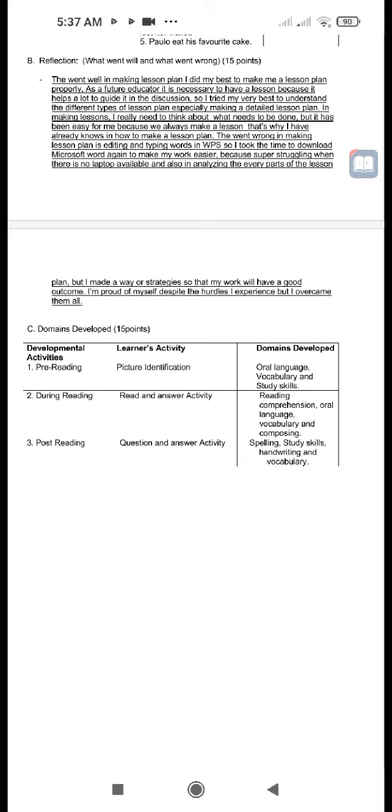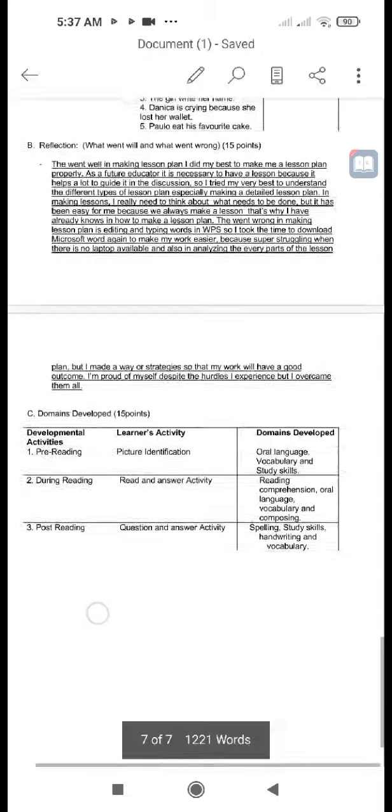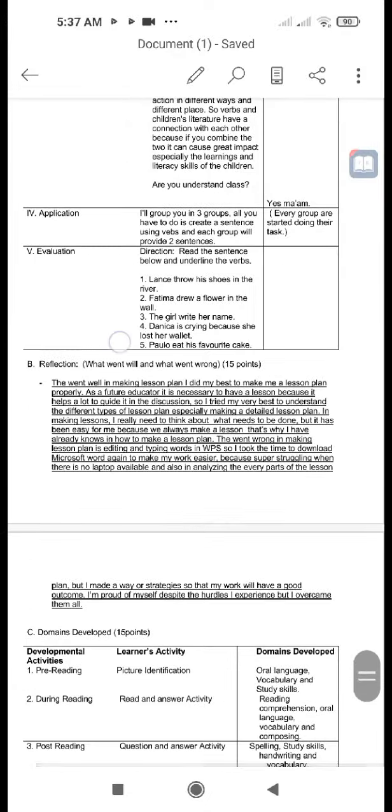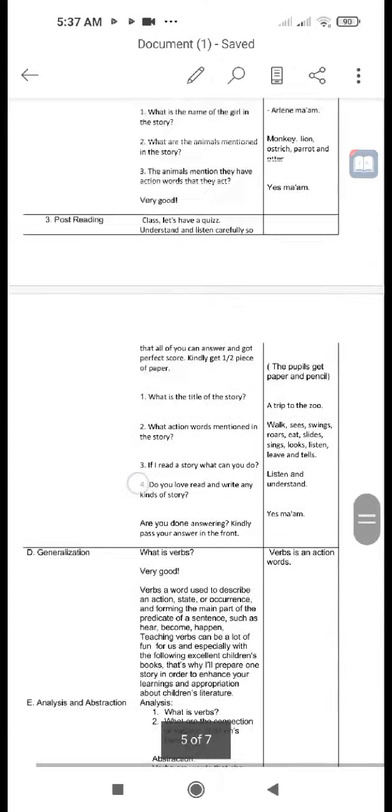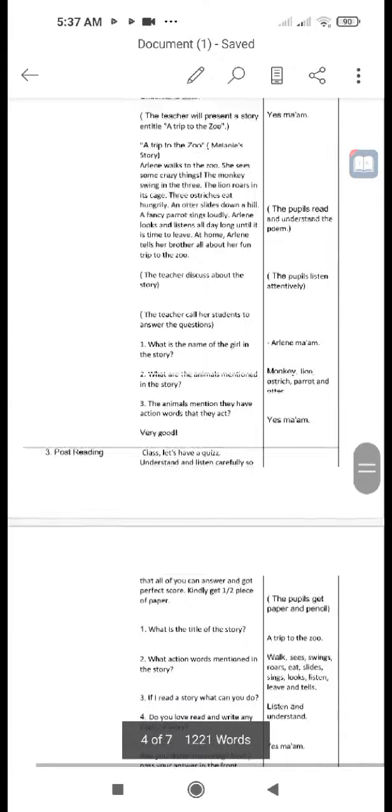In post-reading, the learner's activity is a question and answer activity, and the domains developed are spelling, study skills, handwriting, and vocabulary. With this detailed lesson plan, the literacy skills of the students are developed. The students have the ability to read and write.